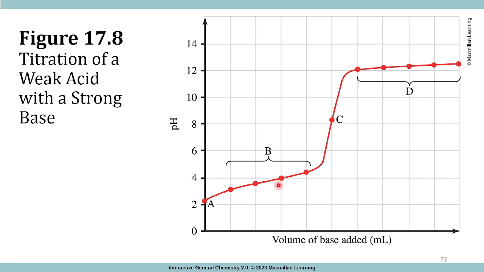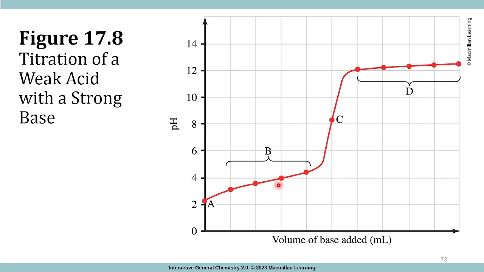It's pH equals pKa plus log of the base divided by the acid, right? If you take the same number divided by the same number, what do you get? You get 1. If you take the log of 1, what do you get? 0. Yeah, 0.